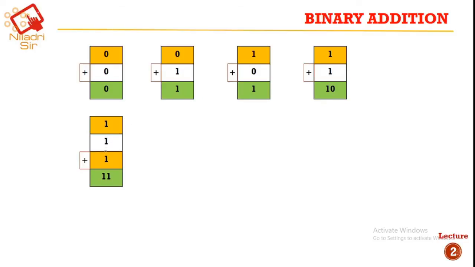And if you have 1 plus 1 plus 1, it will be 11. Why? 1 plus 1 is 0, in hand we have 1, again 0 plus 1 is 1, and the 1 in hand is 1, that is 11.